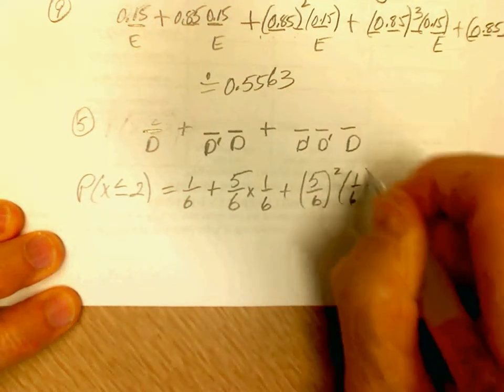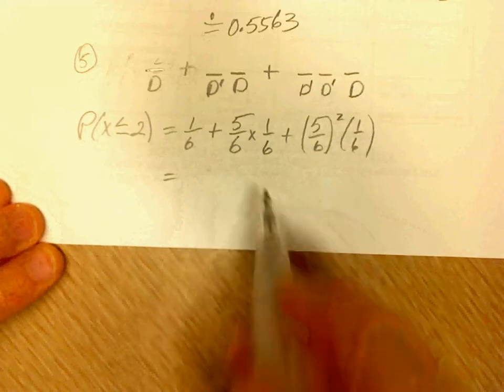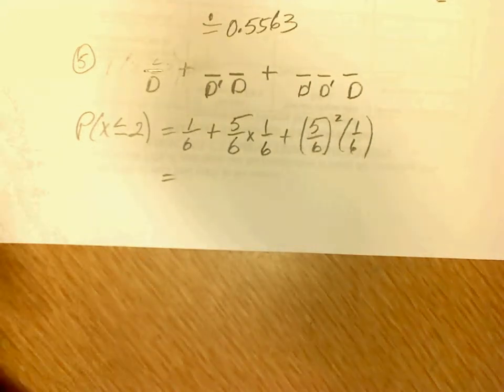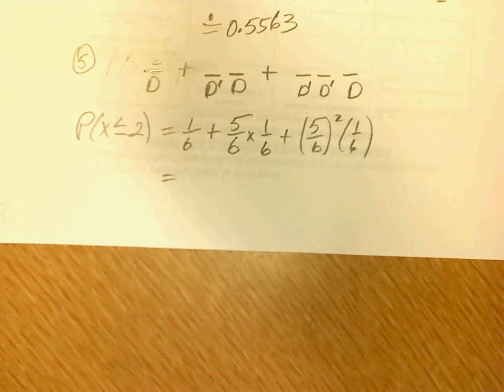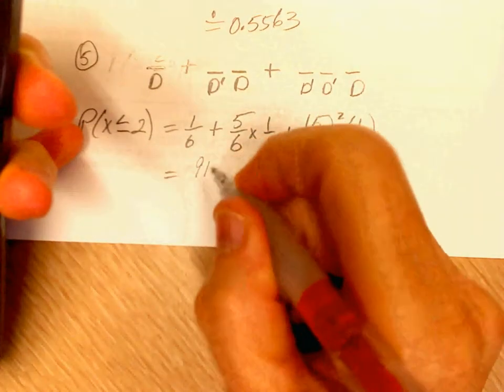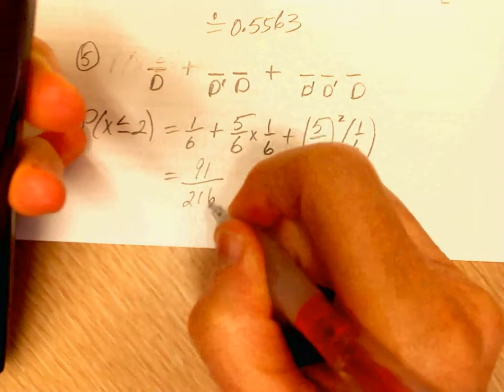So we have to calculate the probability before we can calculate the odds. So 1 divided by 6 plus 5 divided by 36 plus 25 divided by 216, and we get 91 over 216. That's the probability.